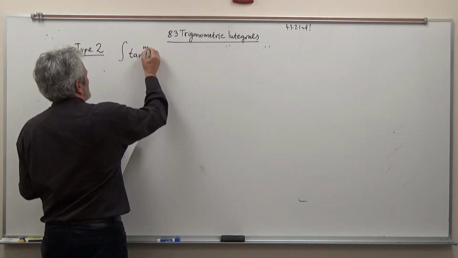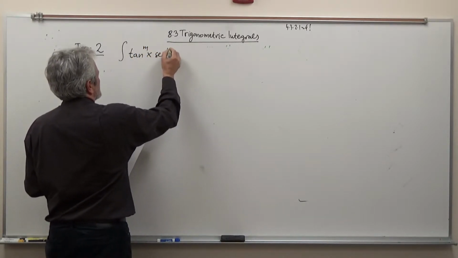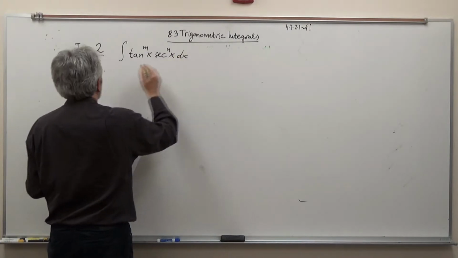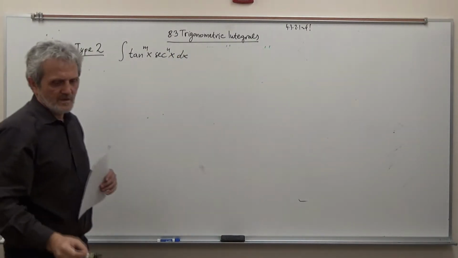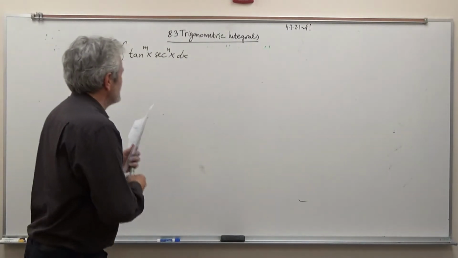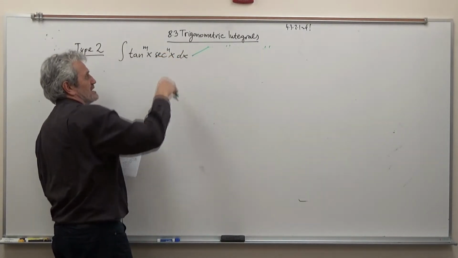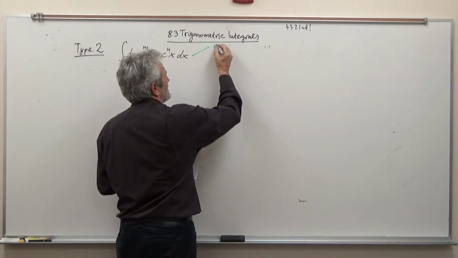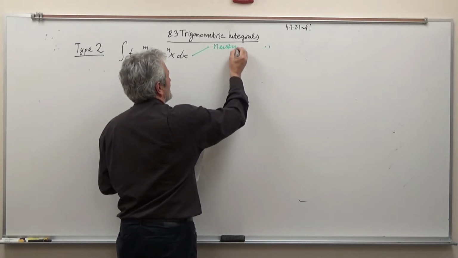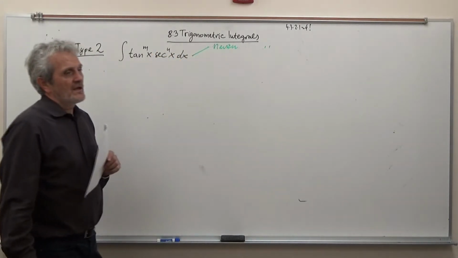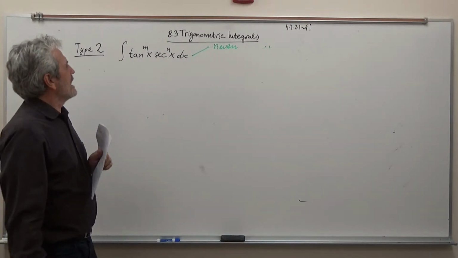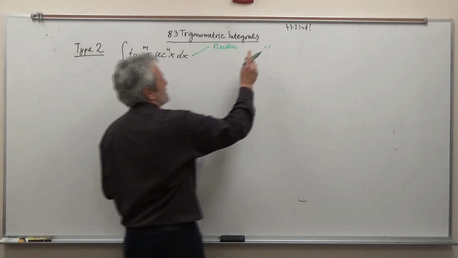Then tan to the m x secant to the n x dx. What are the easy cases? You like this n to be even, the secant power, and you'll see very quickly why. And you like m to be odd.